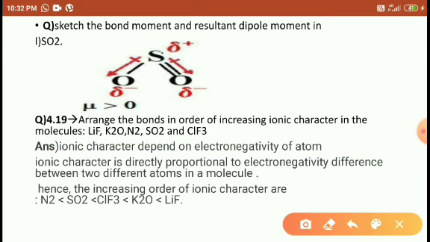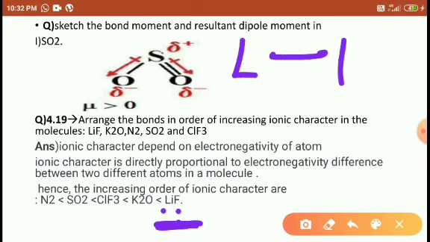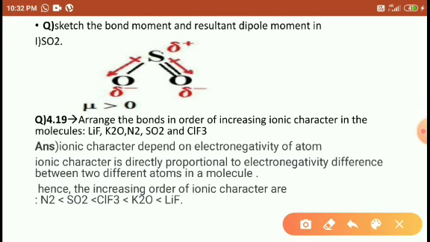So lithium fluoride shows the greatest ionic character. Between lithium and fluorine the bond is covalent, but they show ionic character, because the dipole moment is different. The pair of electrons tries to shift toward fluorine, that's why it has ionic character.